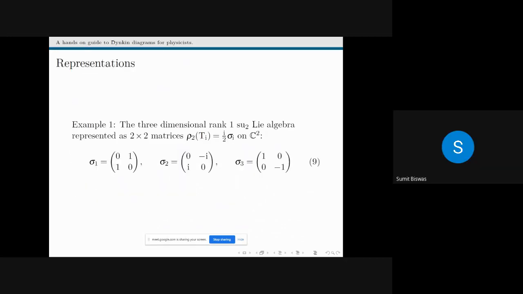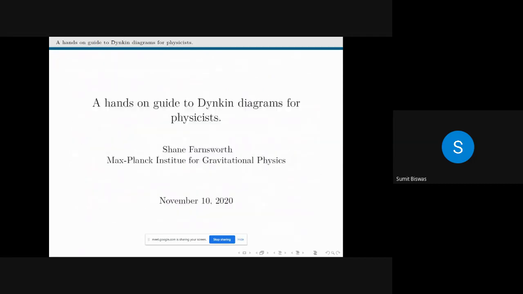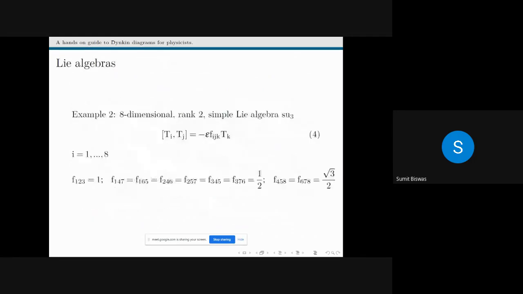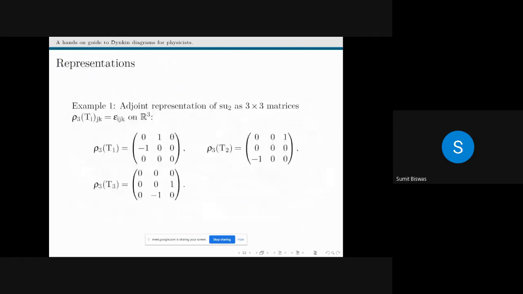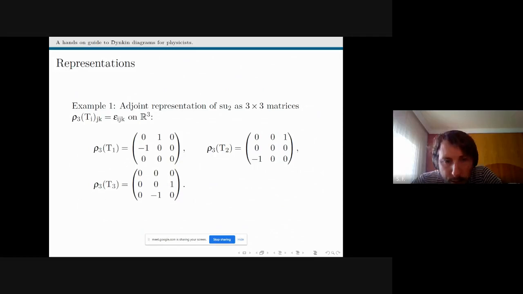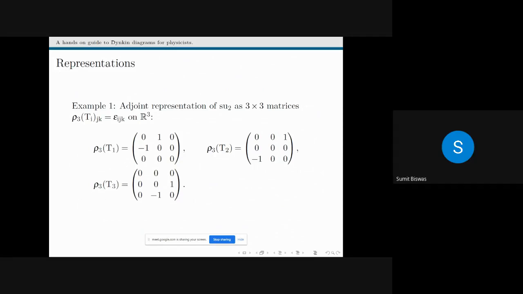The SU2 adjoint representation given, rho T1. This one here? Yes.